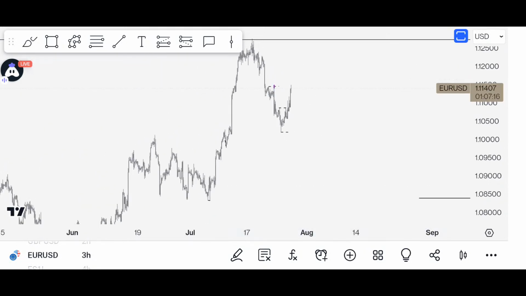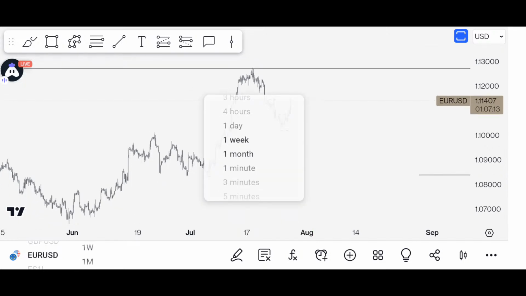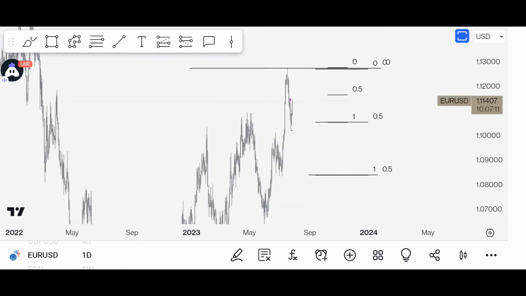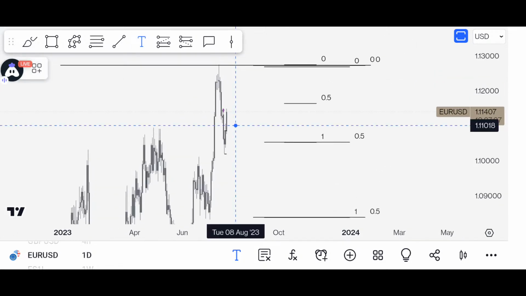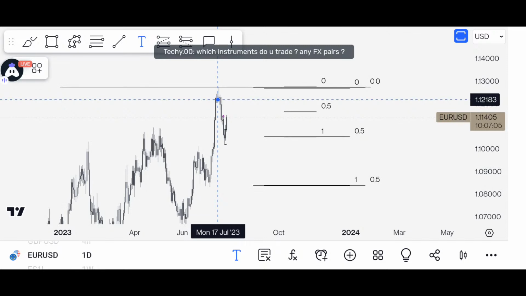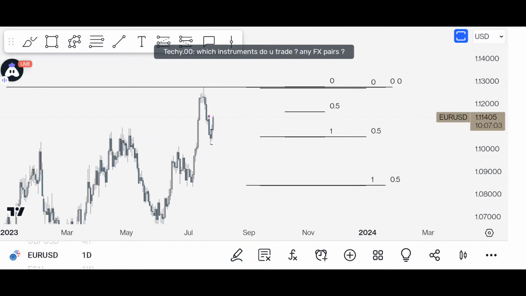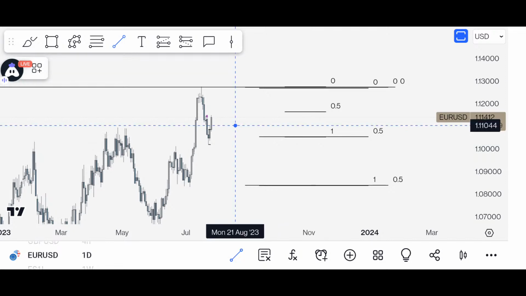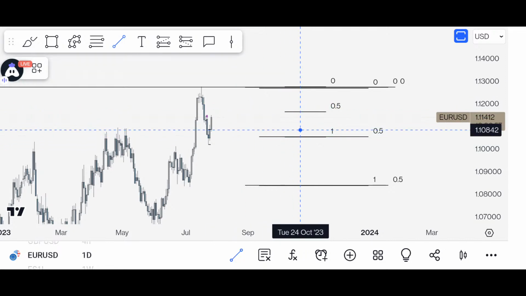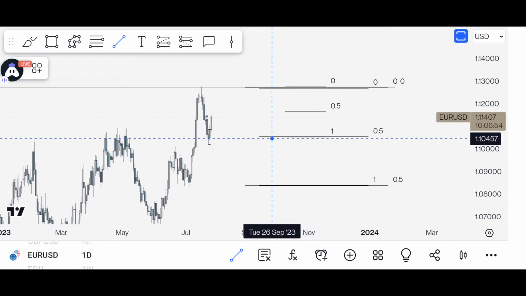We will draw these IPDA ranges and see what could happen next. I have already drawn it. You can see that this was the 0.5 fib level, above it was the premium, below it was the discount.